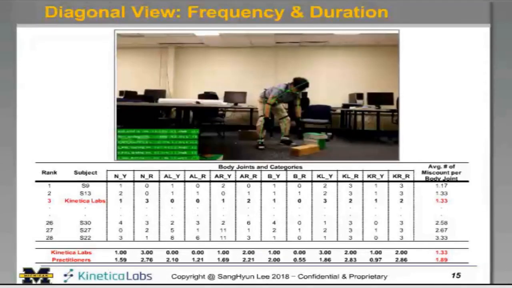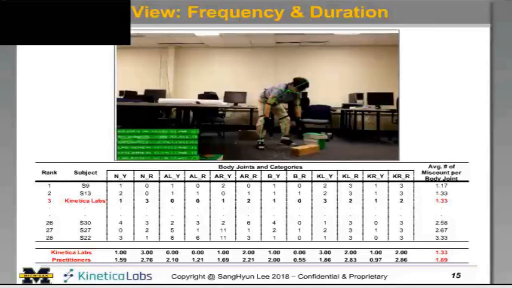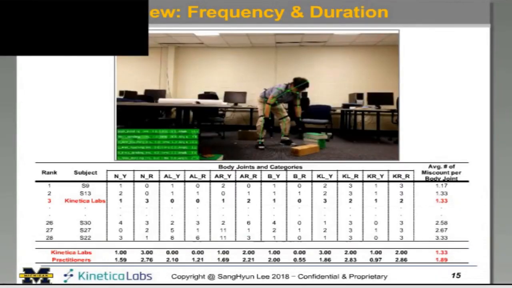Can you play the second video? Actually, first video on the page, slide number 15. So this is more about the diagonal view. When you actually see that people lift something, it will be more like a diagonal view, which is a little bit skewed.